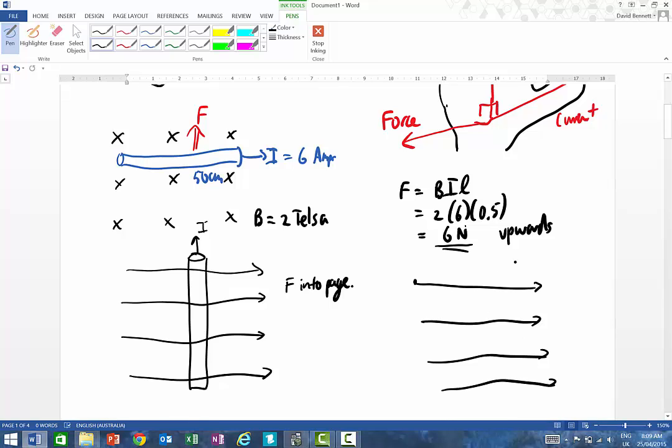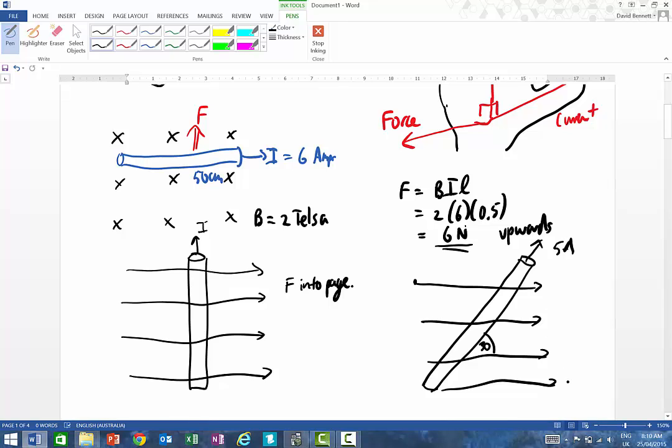Right, so let's say we've got our current carrying wire at an angle this time. And let's say the angle there is 30 degrees. And let's say we've got a current of 5 amps.